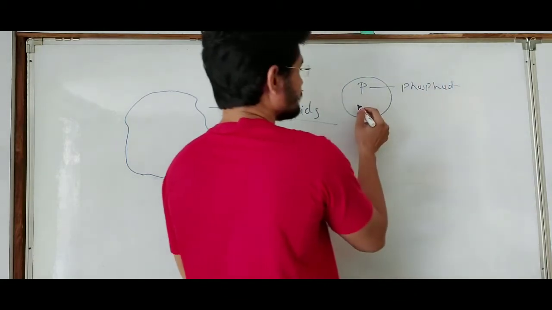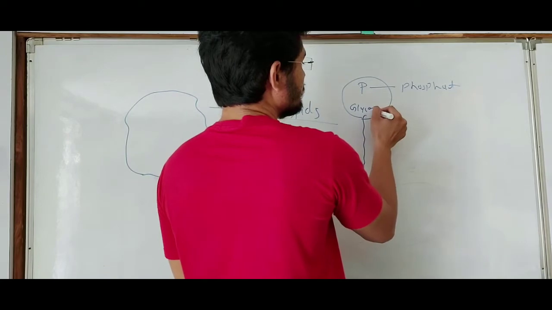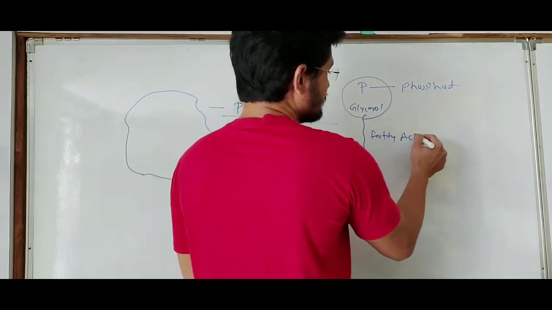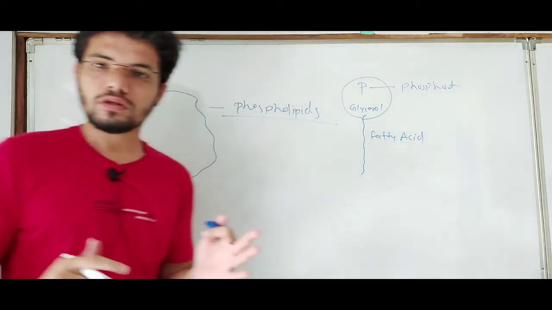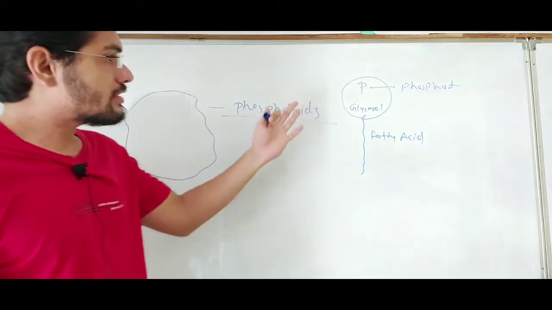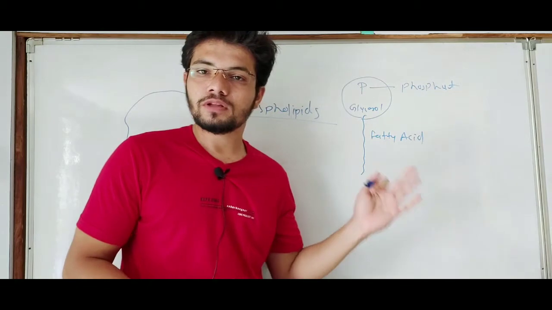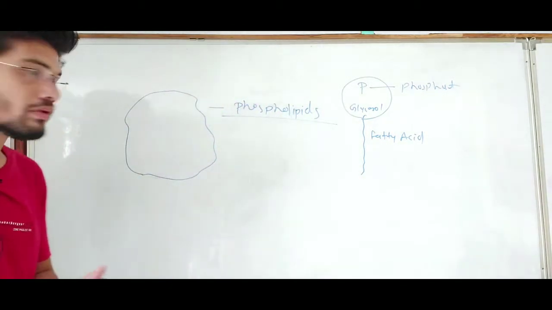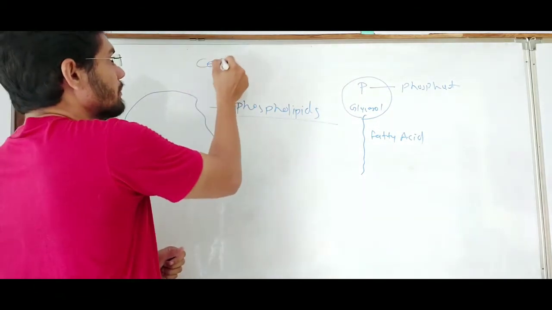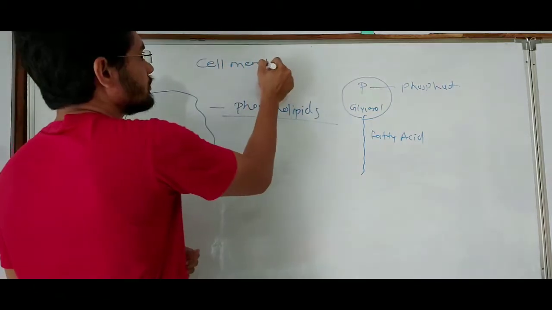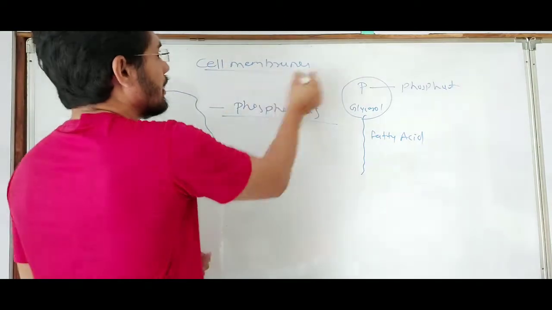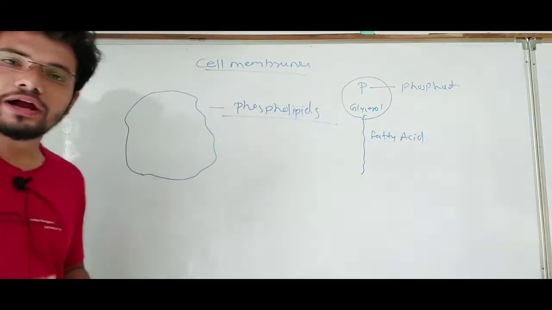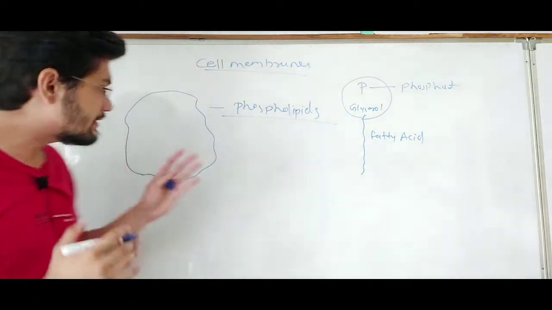So phosphate, glycerol and a long fatty acid chain will be our phospholipid. So basically the cell membrane is made up of phospholipids, and proteins and carbohydrates are also present in the cell membrane.